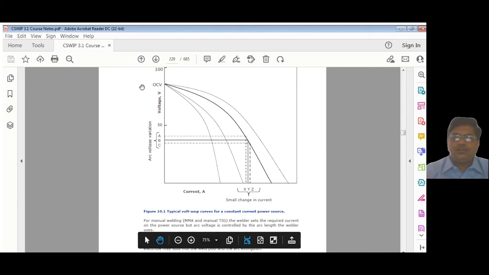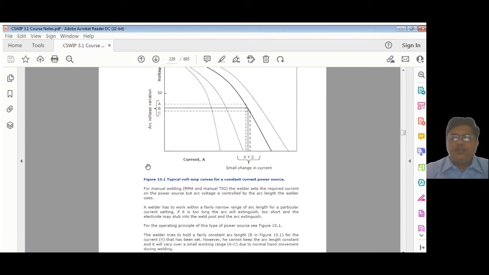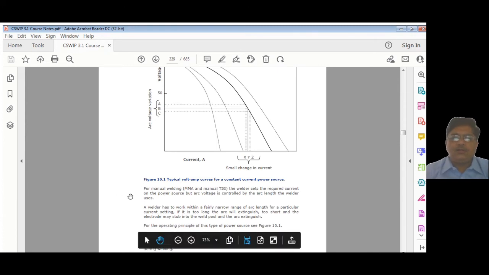For constant current machine, this is the curve given, and welding machine makers will give you this curve for every kind of welding machine when you buy. So for manual welding, MMW and TIG, the welding sets require current on the output of the power source, but arc voltage is controlled by the arc length the welder uses.